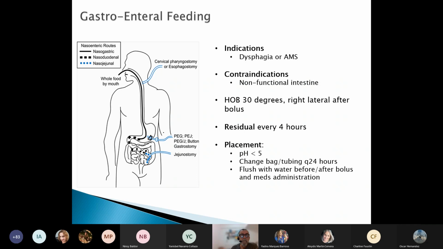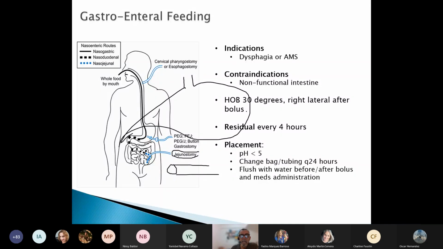But again, because there is a remote possibility of dislodgement, you need to check for placement each time you introduce food or medication. And the checking is the same, the pH. The only thing interesting to know about when the tube is introduced in the jejunum is that the jejunum is very narrow, while the stomach is very wide.